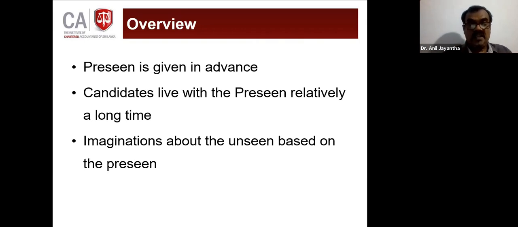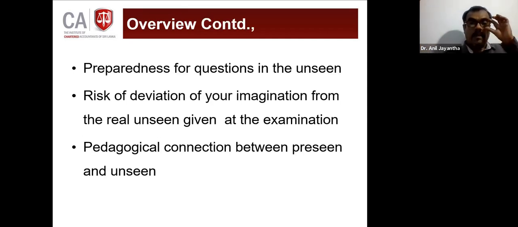Since you read it and live with this, you automatically, if you can't, it's all right, have imagination, forecast, different perception about the unseen. You may try to imagine or figure out what the unseen would be. Then there is preparedness for questions in the unseen.